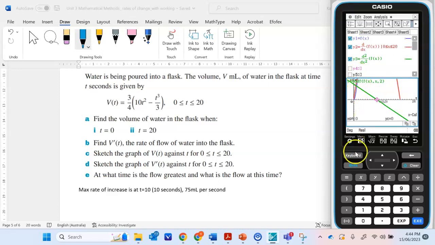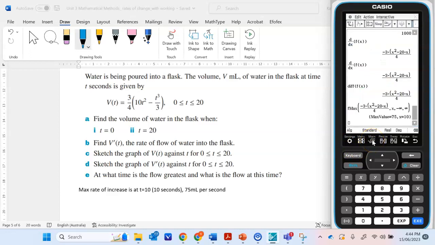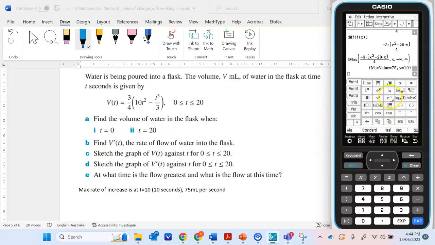So going back to your main screen, I did the max here, but if you were doing it by hand, you could just find the second derivative, like we did before. This button here, second derivative of f of x. So you're taking the derivative of the derivative, which is not hard to do if you've got an easy derivative.